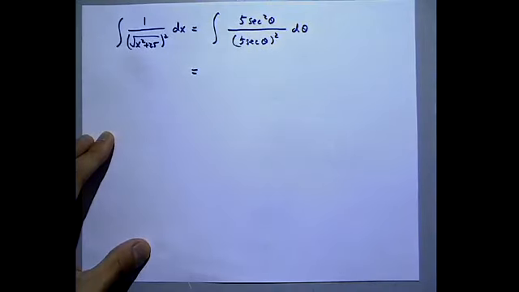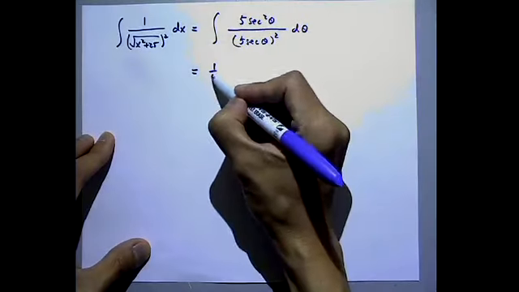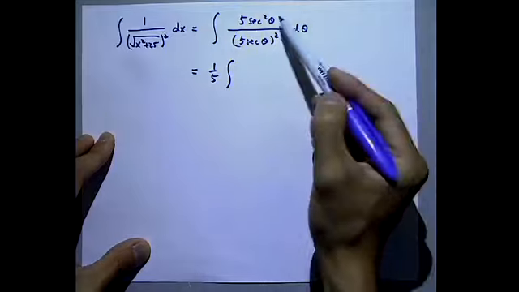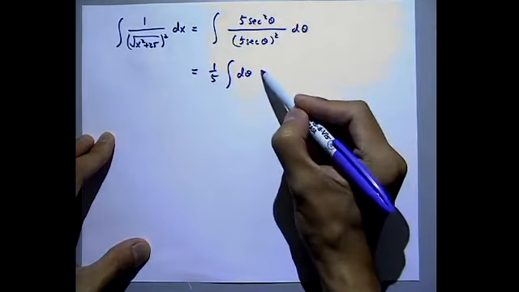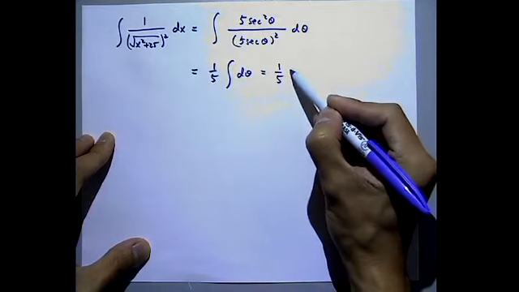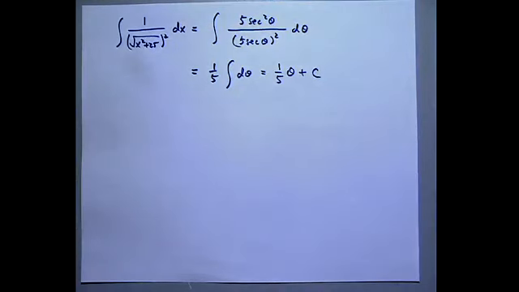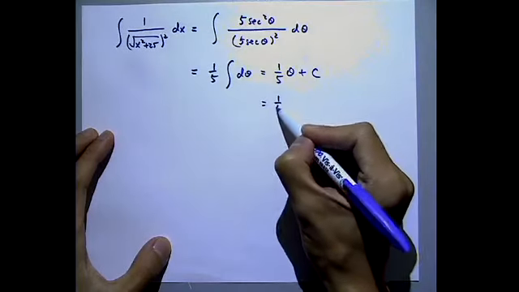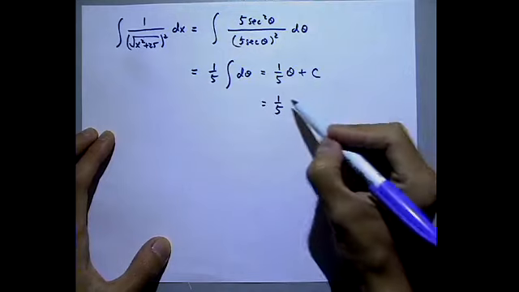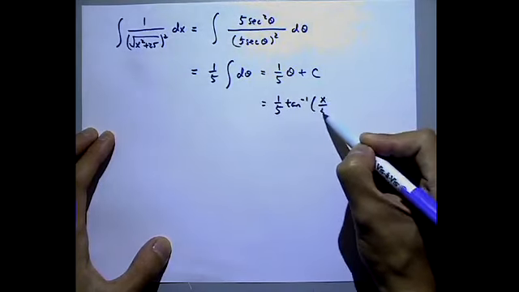Right? So this is 5 over 25, 1 over 5. Integral of secant squared d theta. So this is 1 over 5 theta plus some constant. And theta from the earlier substitution, the simplest way to write it is the inverse tangent of x over 5.